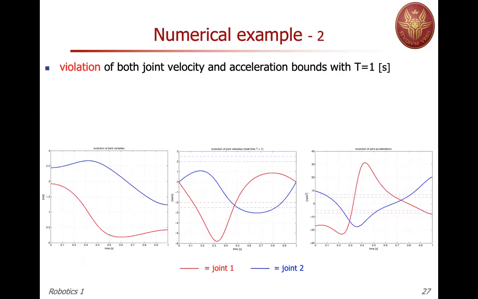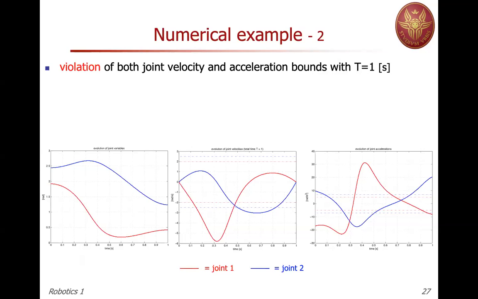So time scaling works only on potential violation or large satisfaction of limits at the differential level. This is just to show this evolution, and the total time is 1 second, as we said.